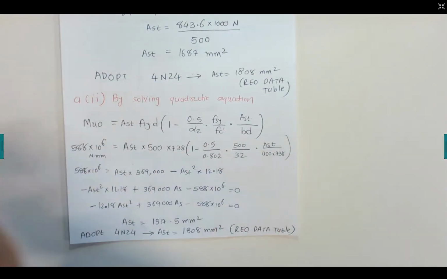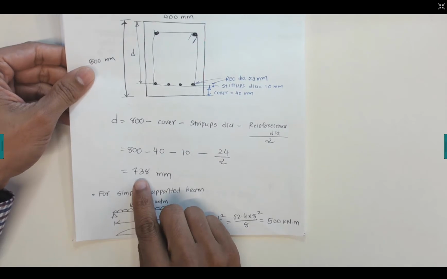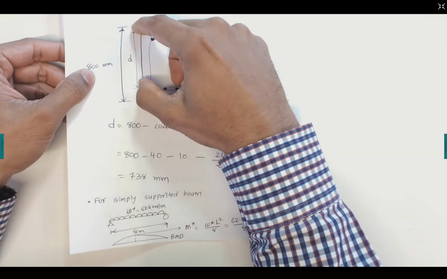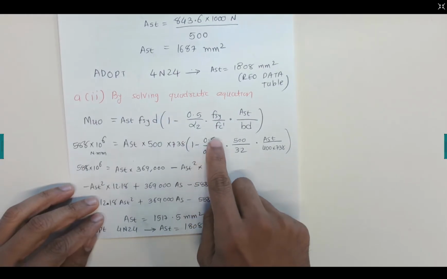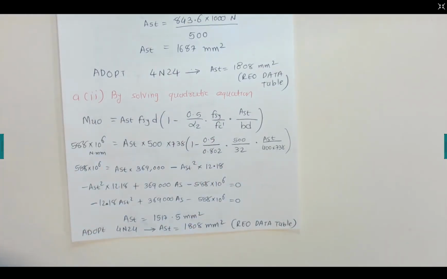Depth is 738. We calculated depth in the first part, where small d is 738 millimeters, which is from the top of the beam to the middle of the reinforcement. 1 minus 0.5 alpha 2 we also calculated in the previous video.